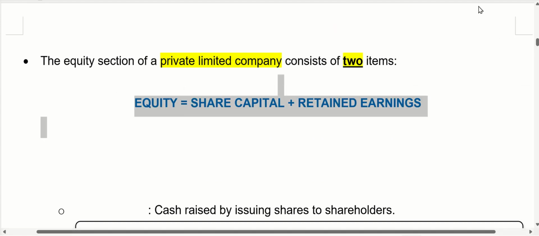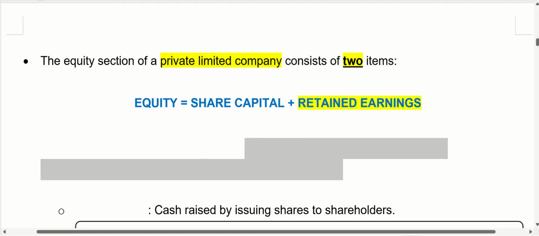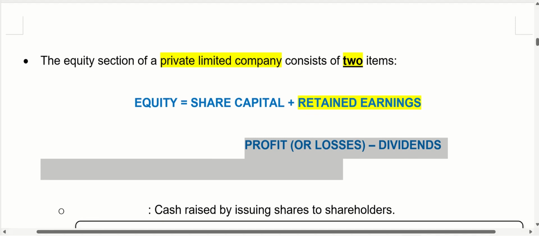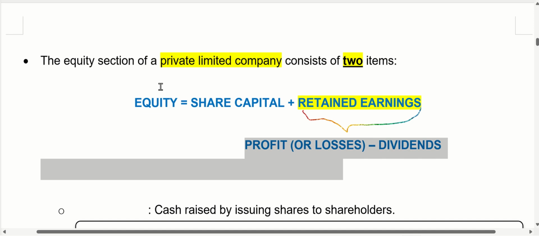Basically, you will see share capital and retained earnings. And not only that, retained earnings itself is made out of two different items. Retained earnings is made out of profit or losses minus away dividends.